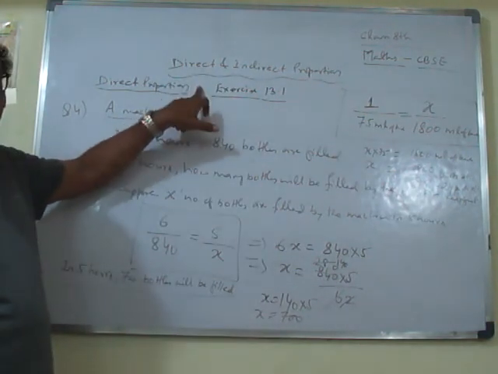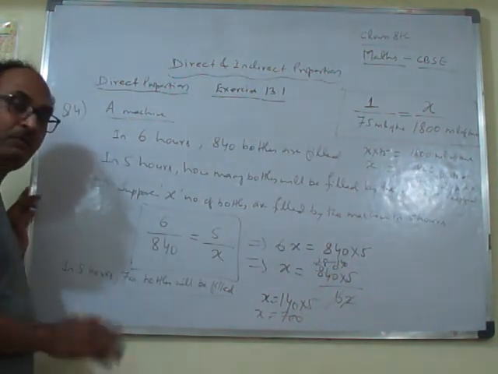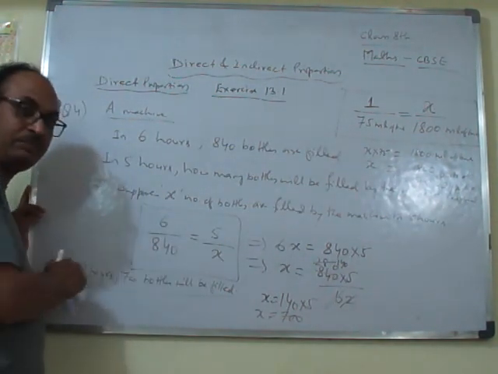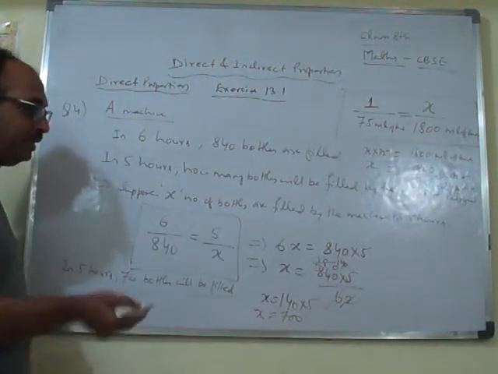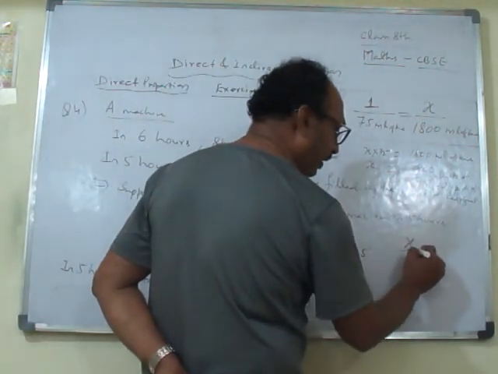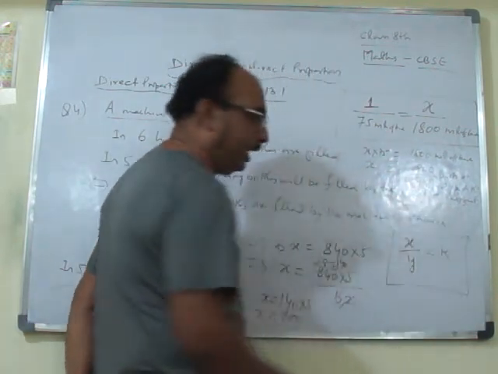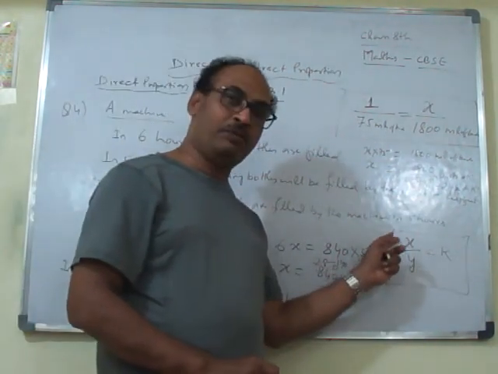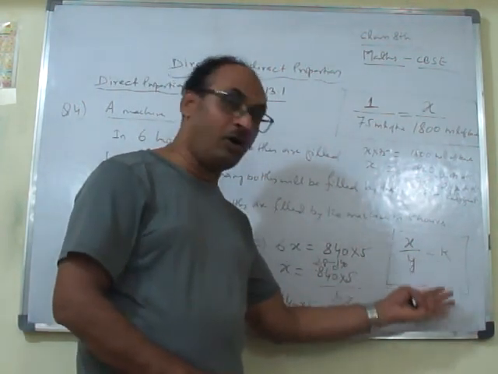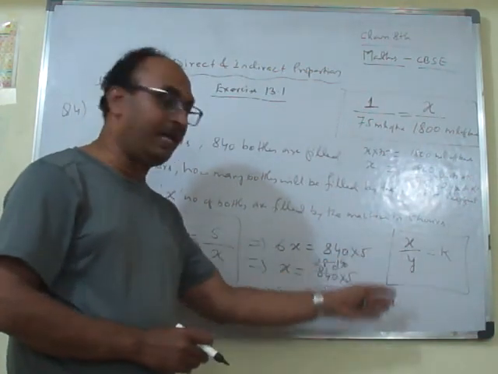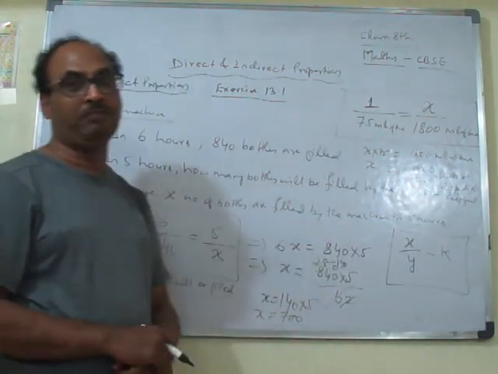In direct proportion, the value we get when we divide the quantities, the ratio of the quantities, will be constant. So the general definition says that whenever we get a proportion in this way, x by y, where x is one quantity and y is a different quantity, it will be equal to k, a constant. x will vary, y will vary, but when both are varying, we must get a constant value of k.